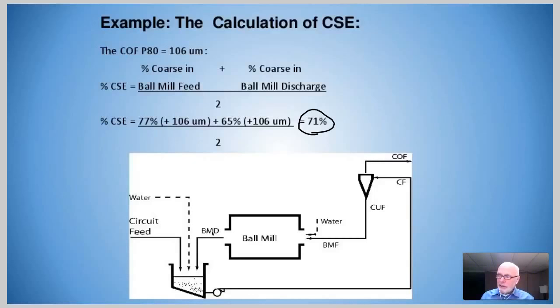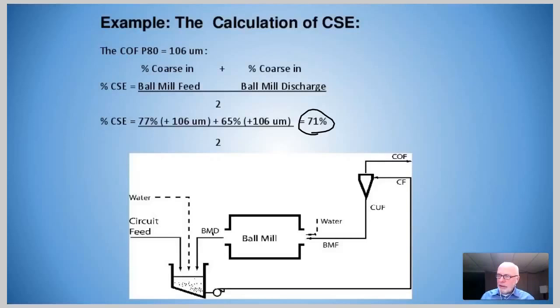It is the function of the pump and cyclones to ensure that the mill contains as much coarse material as possible. That is, to maximize CSE. Analysis and optimization of these two distinct functions, A, the ball mill, and B, the classification equipment, is what we call functional performance of ball milling circuits.